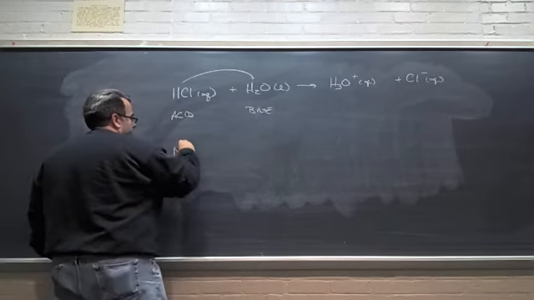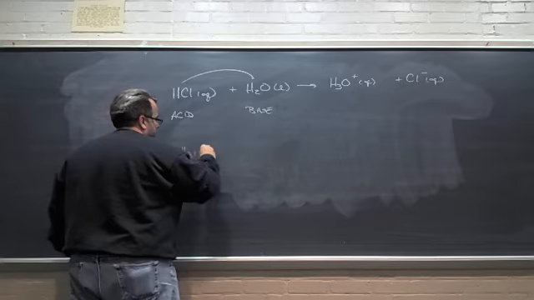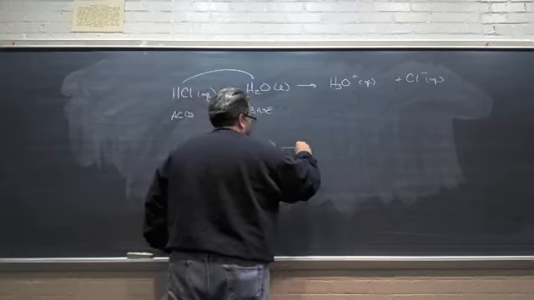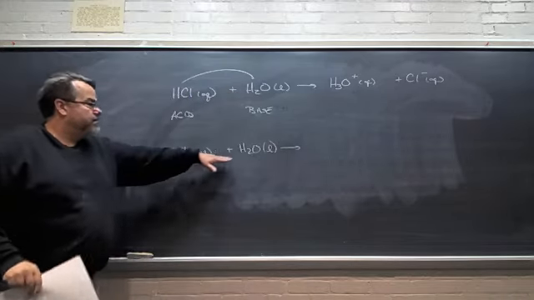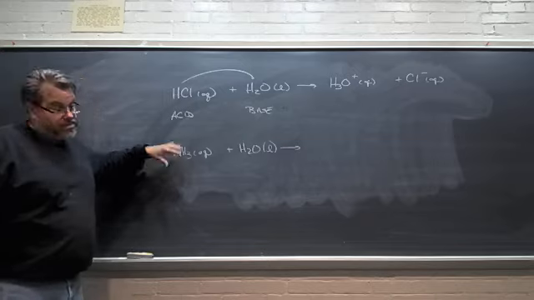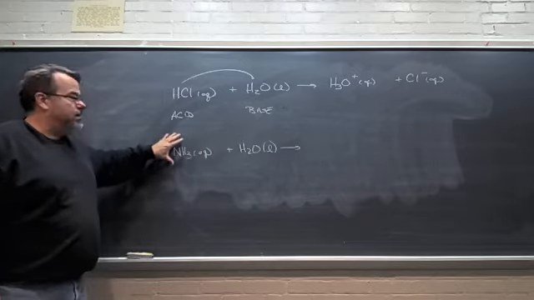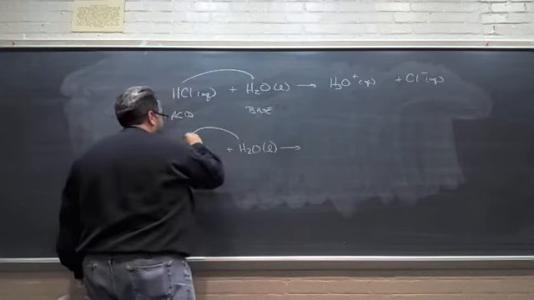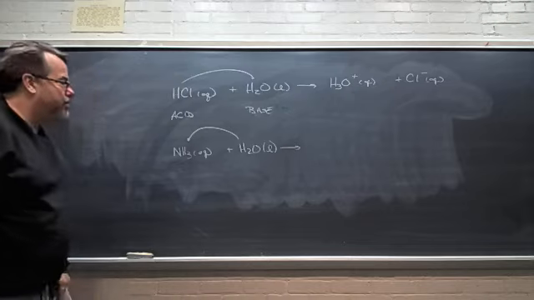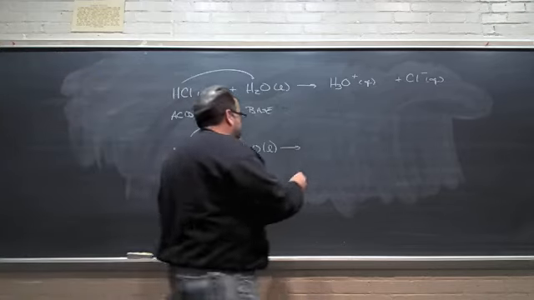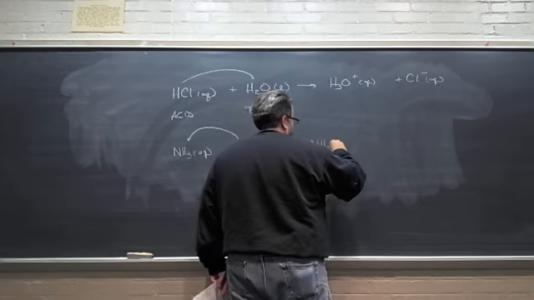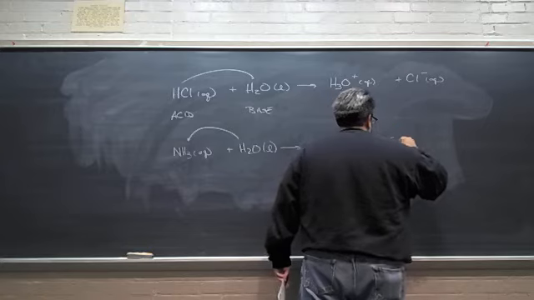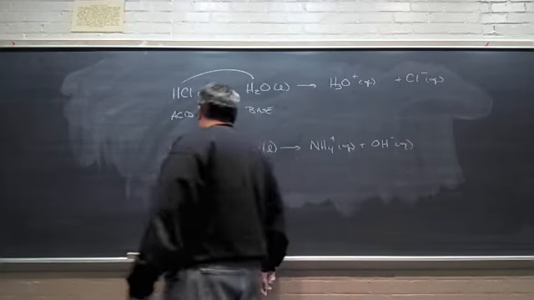On the other hand, we can have a situation like this. If ammonia is placed into water, we get a solution of ammonia in water, then a hydrogen will be transferred from the water molecule to the ammonia to make ammonium ions and hydroxide ions.